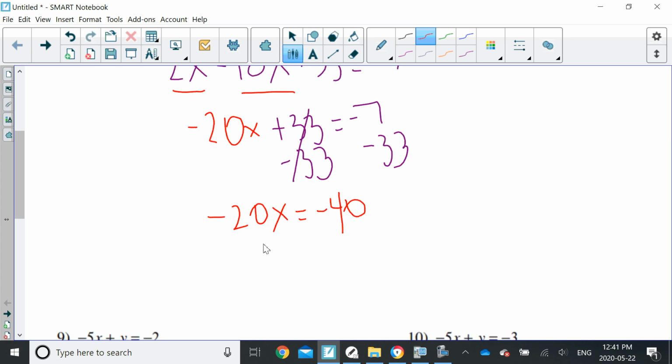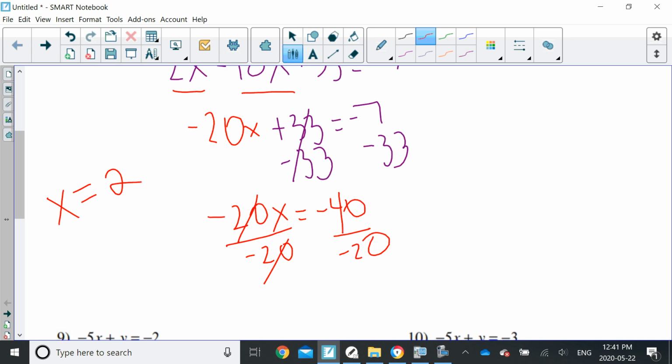Isolate your x. We got to get rid of that negative 20 by dividing both sides by negative 20. And x is equal to negative 40 divided by negative 20, which is 2.